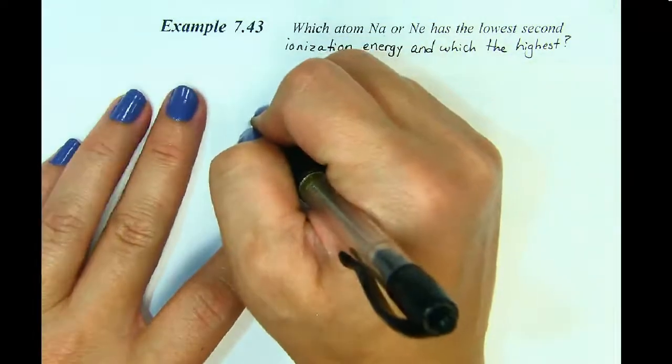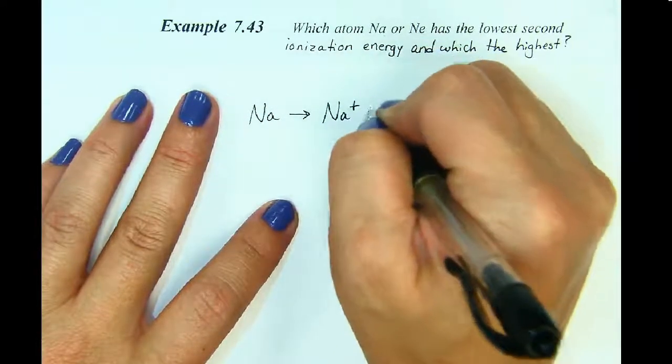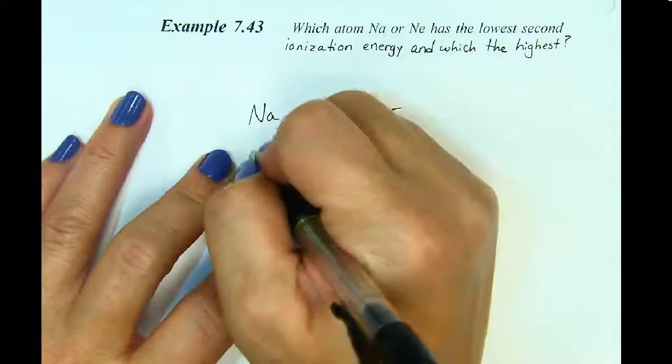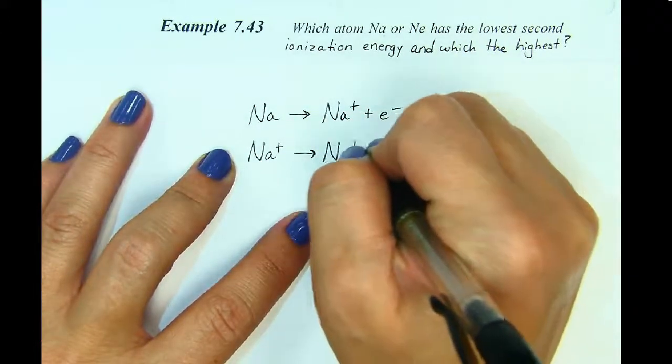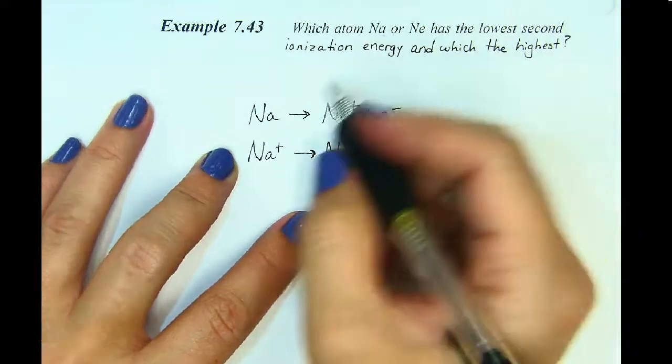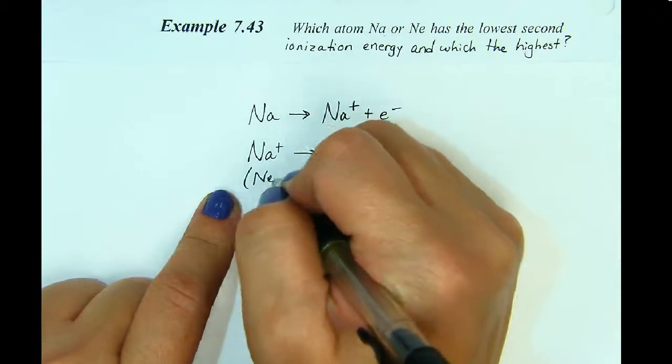The first ionization energy is going to change sodium neutral to sodium +1, and so the second ionization energy will go from Na+ to Na2+. And notice that Na+ is actually isoelectronic to neutral neon.